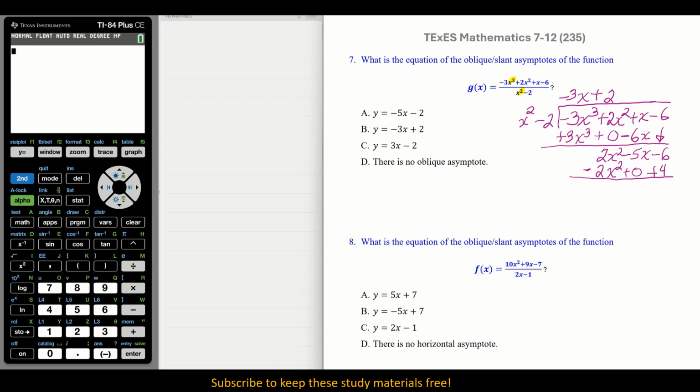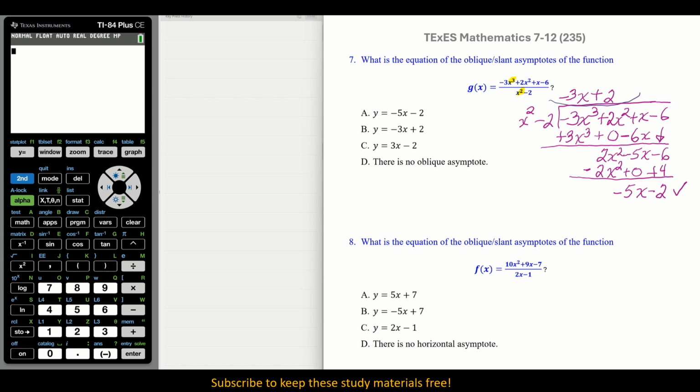So the first terms, they become 0. So now we have minus 5x minus 2, and that will be our remainder. So we did need a remainder, so check mark on that. And that means our equation is our quotient, the minus 3x plus 2.